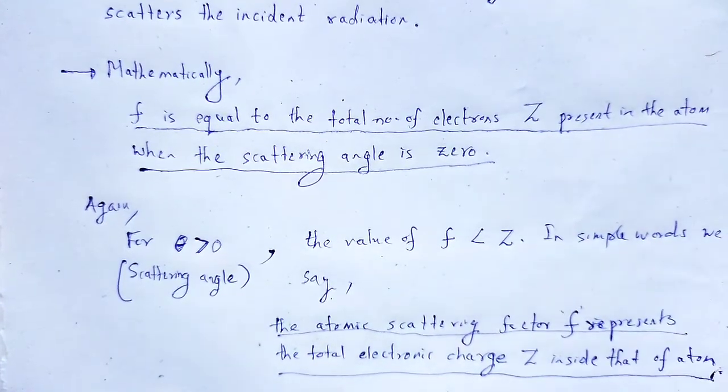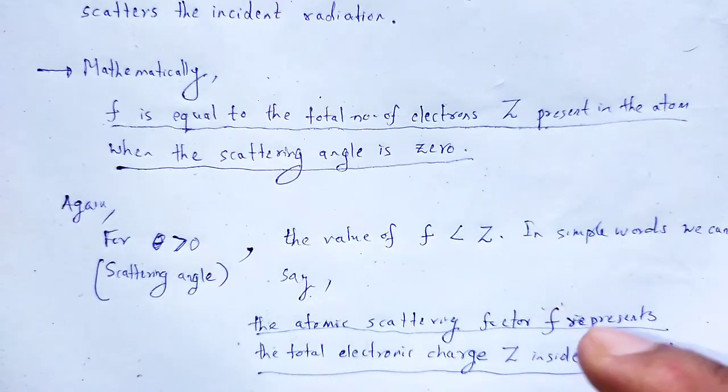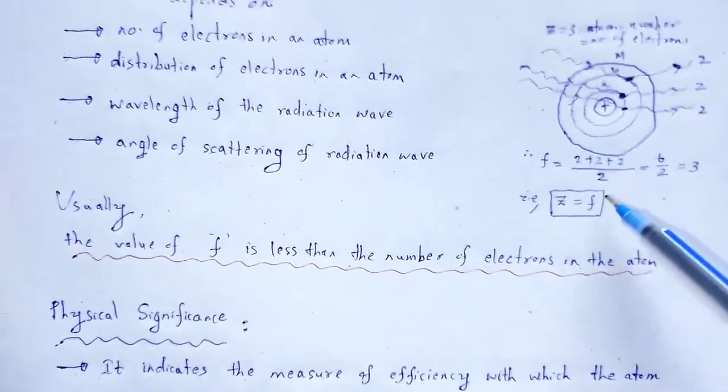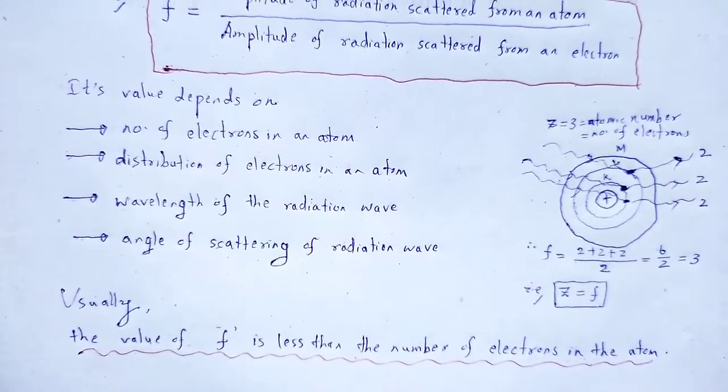F is equal to Z. The scattering factor is the same as the number of electrons present, as we saw in that particular example.